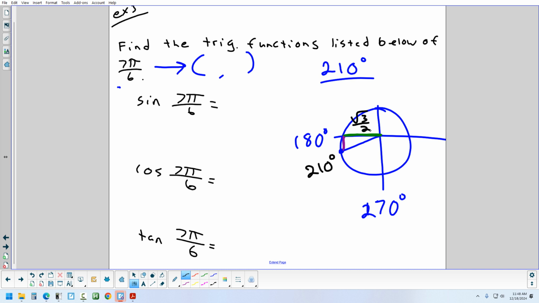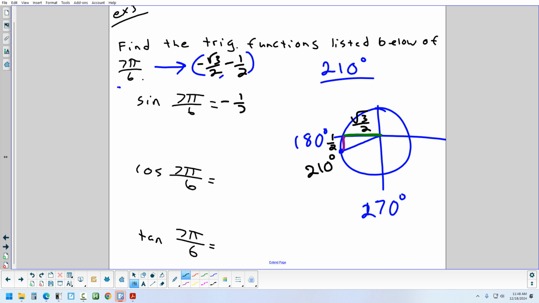How about the short side? 1/2. Now, because we're in quadrant 3, when you write the coordinate using those lengths, both numbers should be negative. So negative root 3 over 2, negative 1/2. And what's the sine? Negative 1/2.